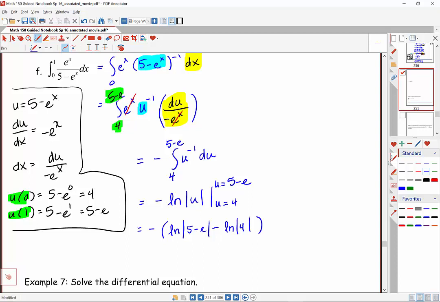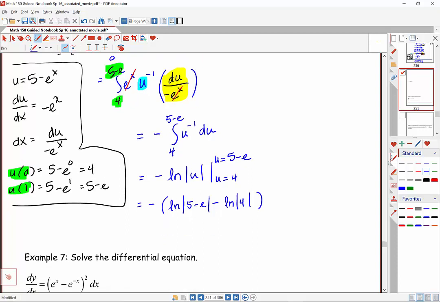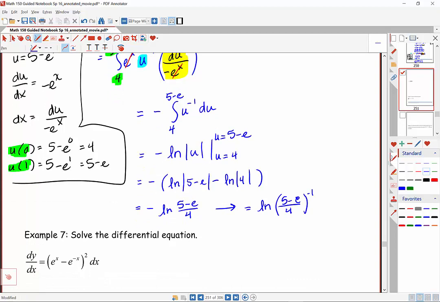We don't need the absolute value bars for those, and we can use that quotient rule. So this will give us negative natural log at 5 minus e over 4. And then this is actually natural log at 5 minus e over 4 raised to the negative 1, which would give us the natural log at 4 over 5 minus e.